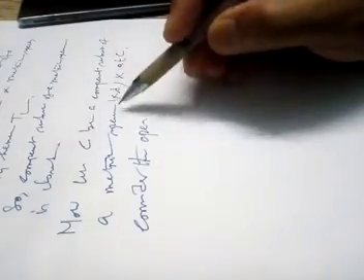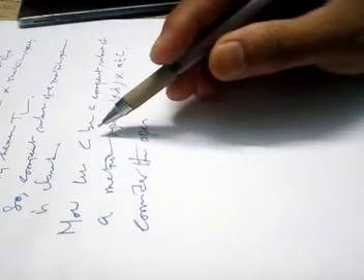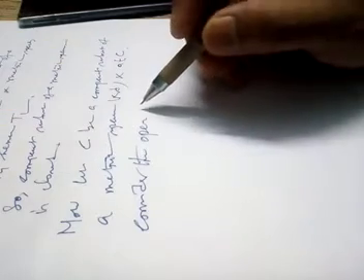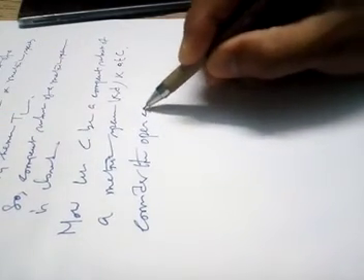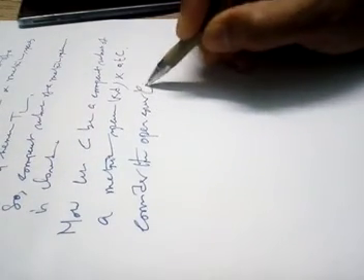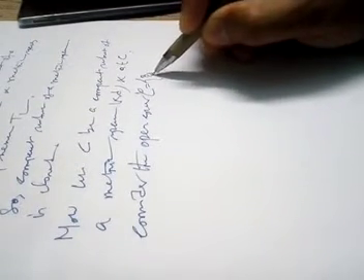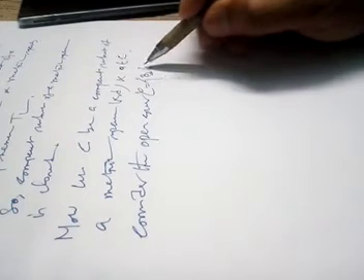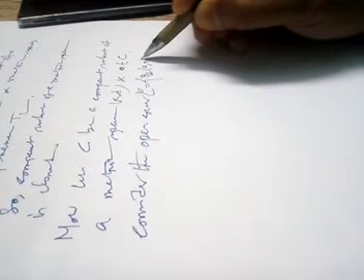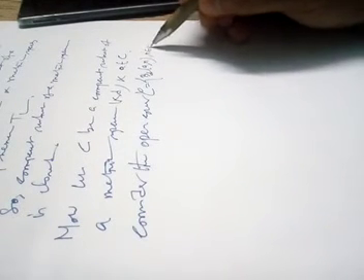Since C is compact, every open cover will have a finite subcover, isn't it? Consider the open cover script C consisting of the open balls B_d(a, n), centered at this particular point a, with radius n, where n varies within the set of natural numbers.